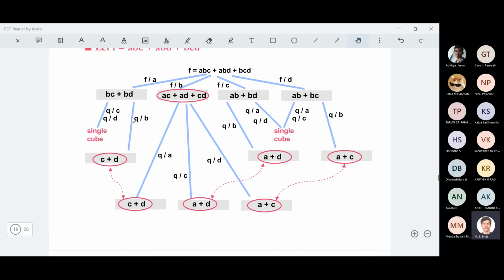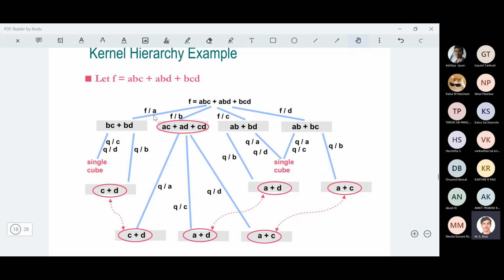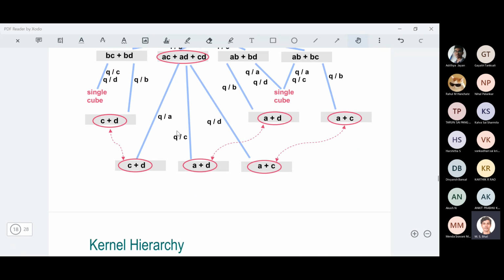You see here, first I divided by A and then B, you got C plus D as the kernel. Whereas here, first I divided by B and then by A, I get the same kernel. So we are actually wasting our time by dividing the function by the same set of variables, but in a different order. Nevertheless, we get the same kernel. So this is a waste of time.